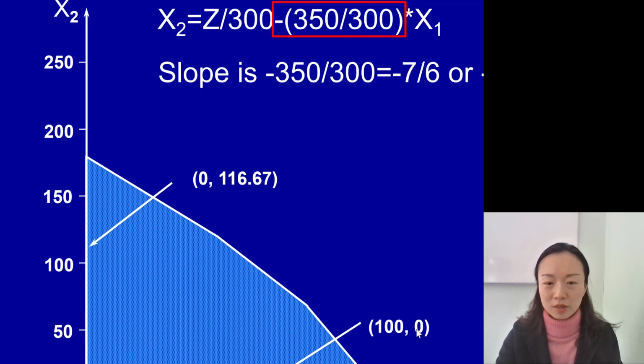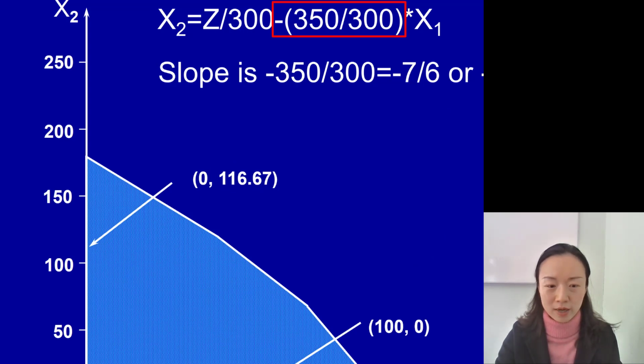So we just pick one point. For example, let's just pick a point of x1 being 100 and x2 being 0. So this is one point. Using this slope, we would be able to identify the other point, because that's our slope.